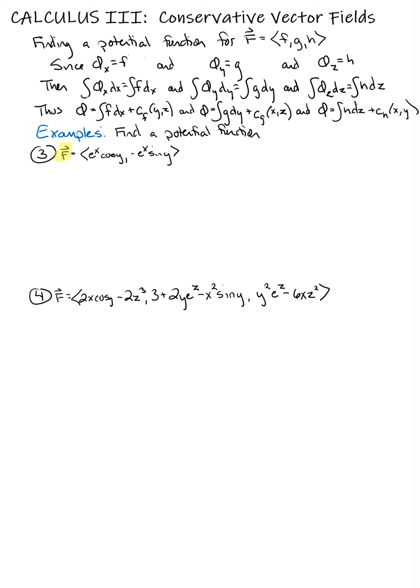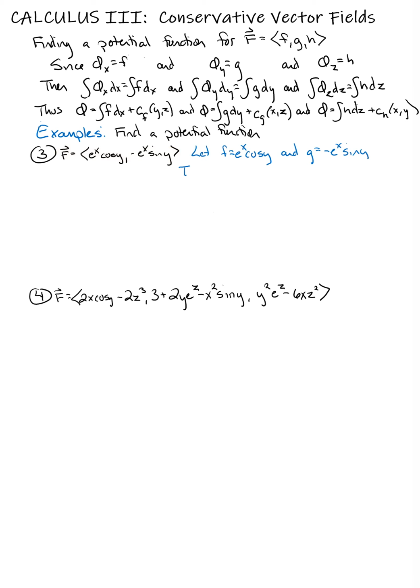Let's start with the conservative vector field described by e to the x cosine y and negative e to the x sine y. So I'll begin by letting lowercase f be the first component, e to the x cosine y, and g being the second component, negative e to the x sine y.